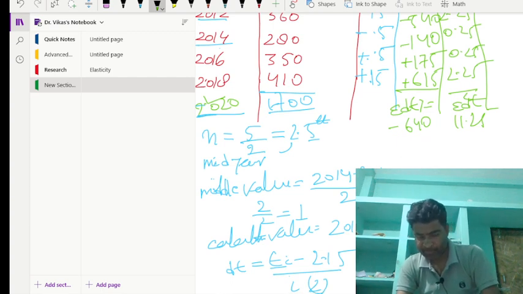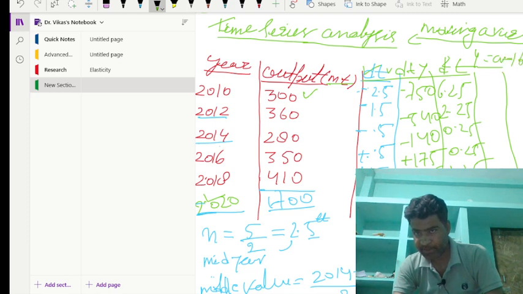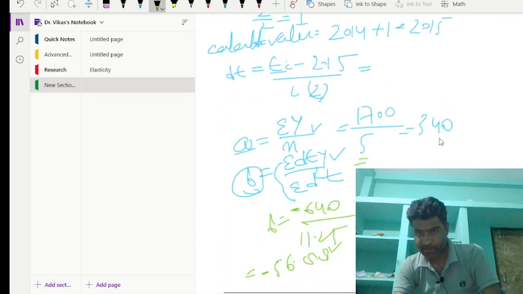Now we will make the further calculation. Another column we need to draw is the trend column, that is y is equal to a plus b dt. Here a is the average output.